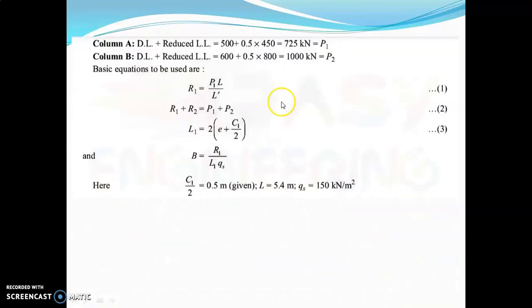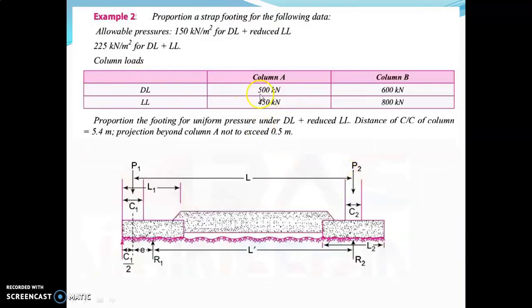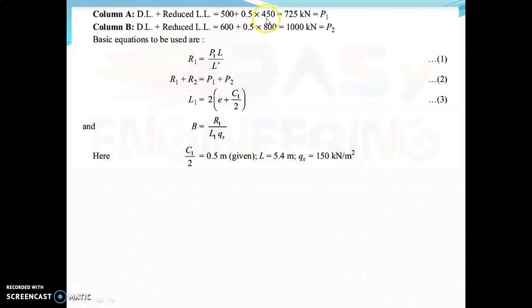Dead load for column A is 500 and reduced live load is 50% of the live load, that is 0.5 of 450. So 500 plus 0.5 of 450 equals 725 kilonewton. This is the load acting on column 1.